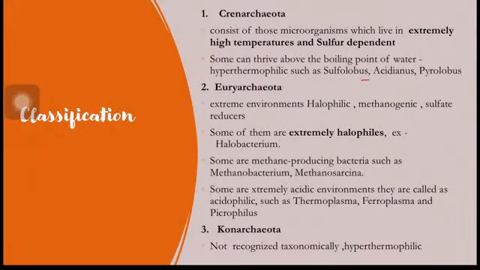The 2 best studied members of Crenarchaea are Sulfolobus and Thermoproteus. Members of Sulfolobus are aerobic and spherical, and they require an optimum temperature of 80 degrees centigrade and pH of 2 to 3. That is why they are called thermoacidophilic organisms.